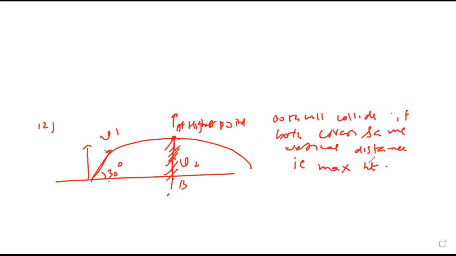One is thrown vertically upward, the other is thrown inclined, so its component will be v1 sine 30. So the distance covered by the first one will be s1 equals ut plus half at square, or you can say v square equals u square plus 2as.